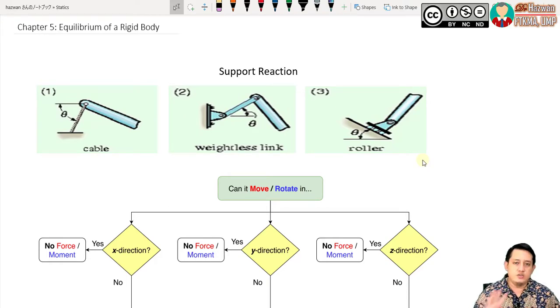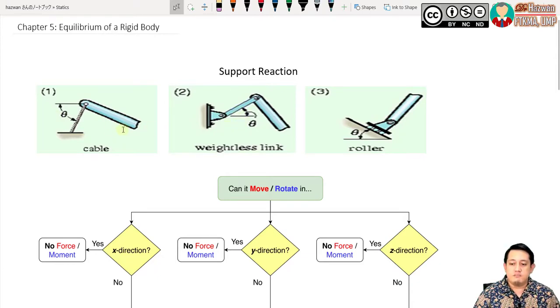As you can see here, I put 3 examples: a cable, a weightless link, and also a roller. Each of these supports will have a reaction.